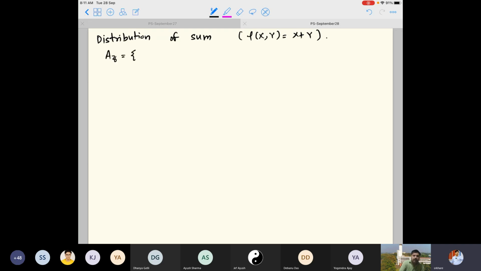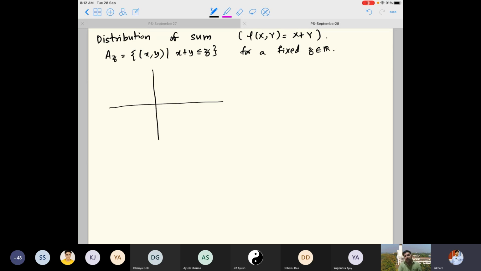The set AZ is the set of all pairs XY such that phi of XY, which is nothing but X plus Y, is less than or equal to z for a fixed z in R, right? So z is a real number, it is fixed in R. So it is like z equal to 3, z equal to -2, z equal to 1. These are the different values of z you are going to look at, right? So for one particular value of z, X plus Y is equal to z.